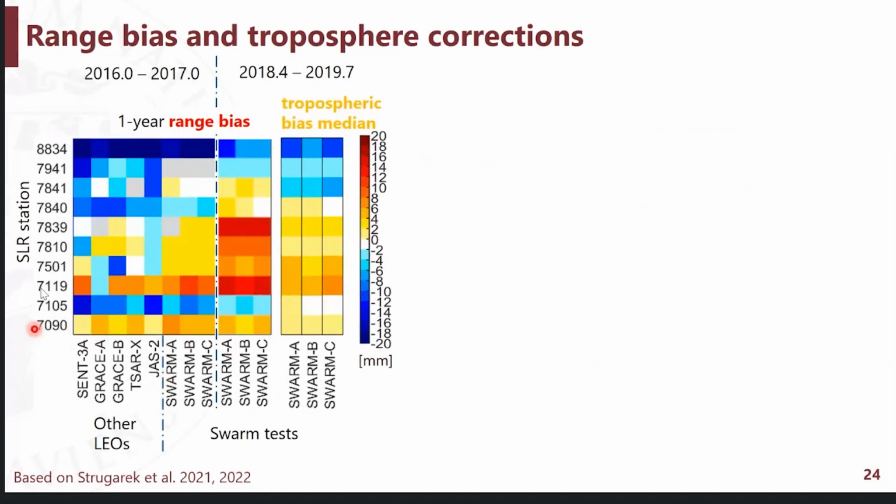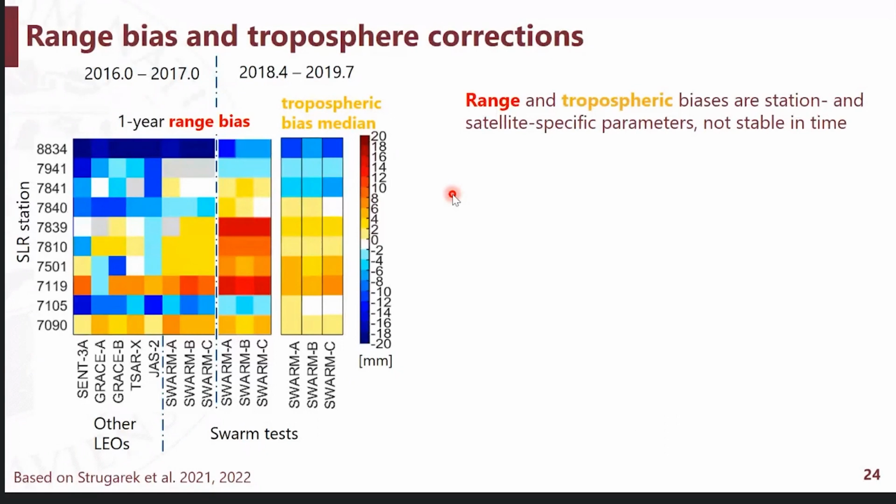For the example, 10 stations and different types of satellites depending on the parameter, and also for the tested period of observation. We can notice that this type of corrections are station and satellite specific parameters, which are not stable in time.